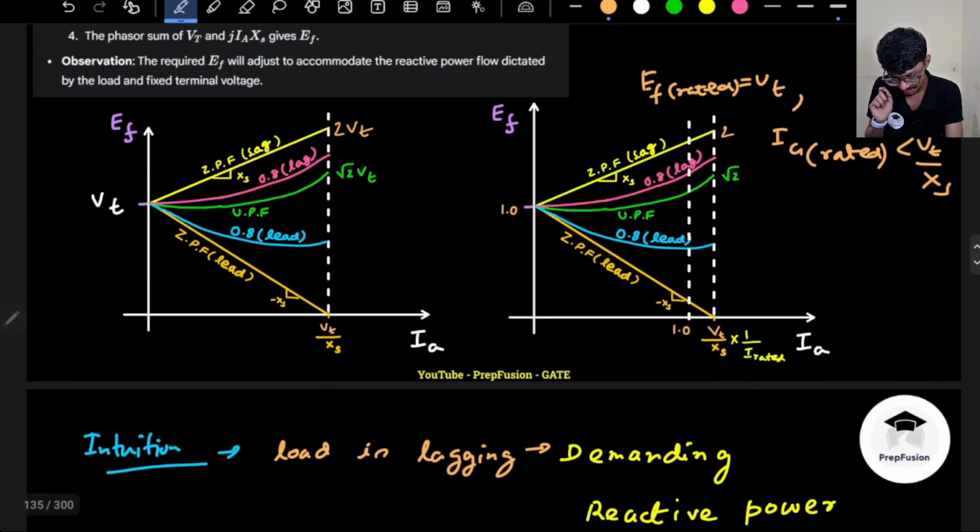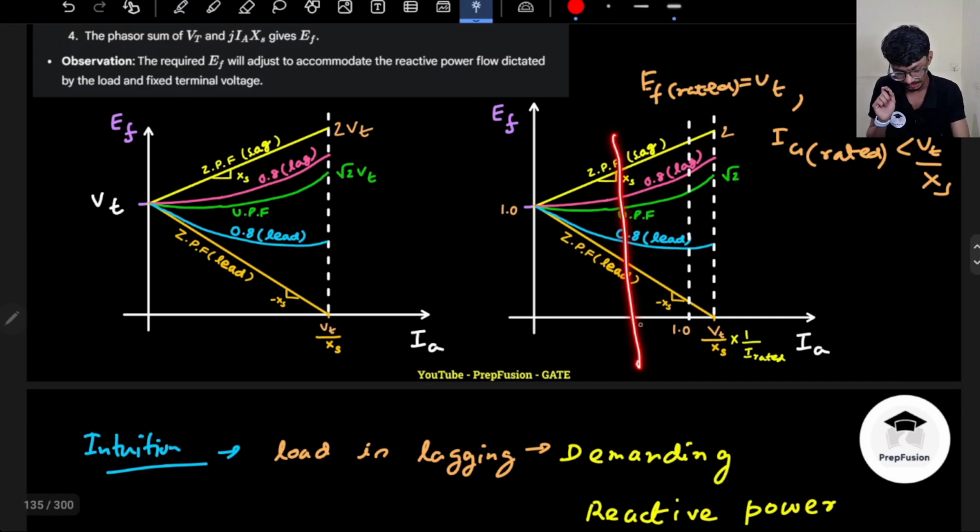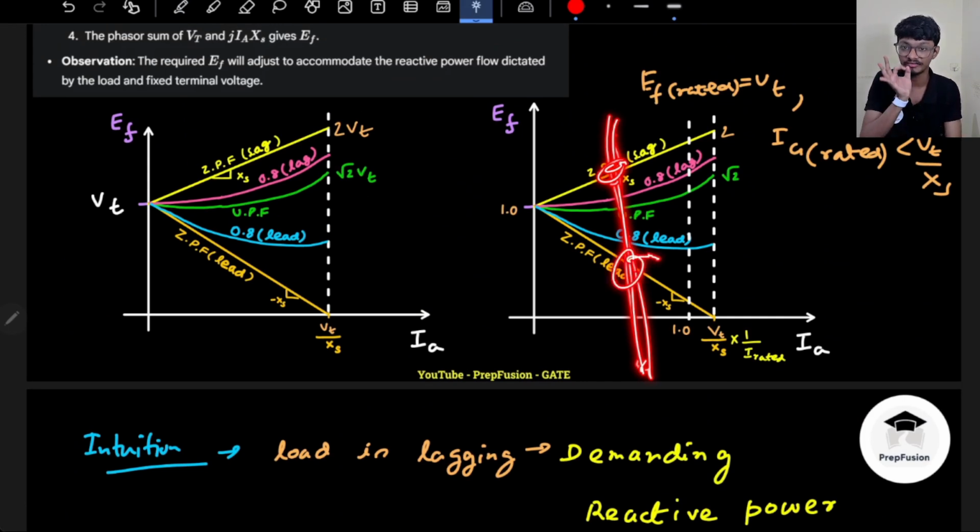If I see along this line, IA is constant. So for lagging load, I have to provide more excitation. For leading load, I have to provide less excitation. That does make sense intuitively.